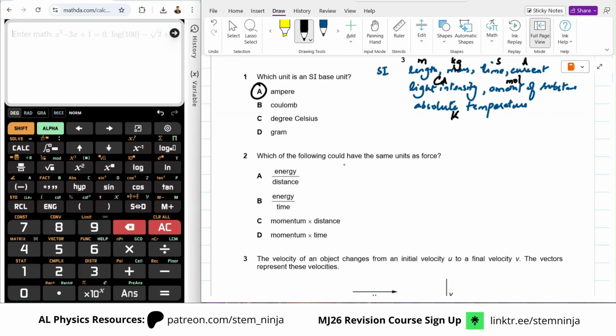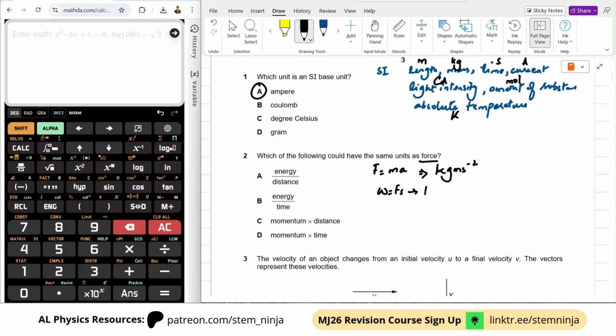Which of the following could have the same units as the force? Now, force has the units ma, kg meters per second squared. So we can compare the base units. However, force can also come from work done.